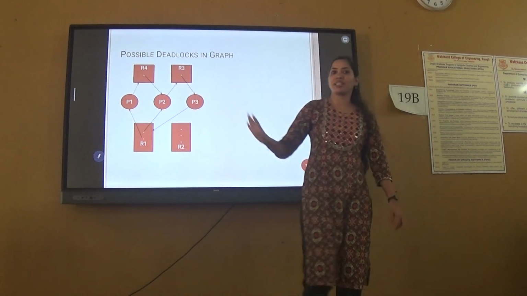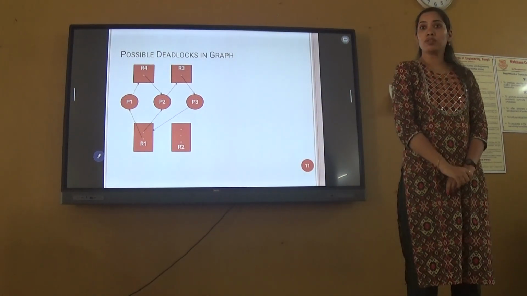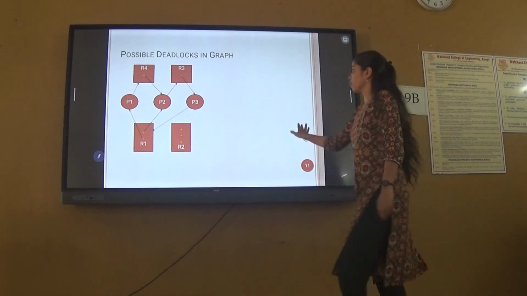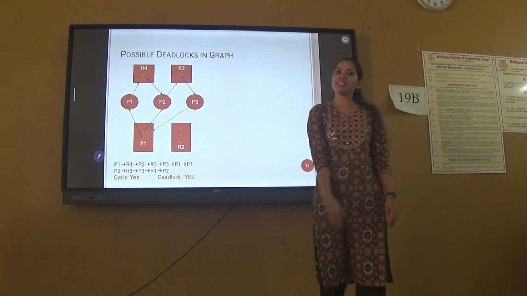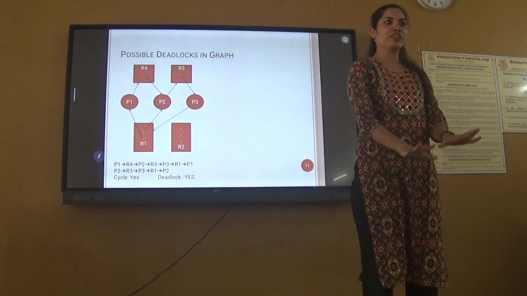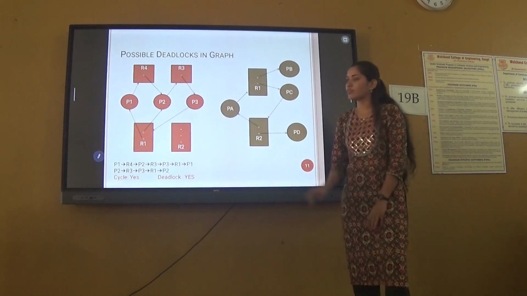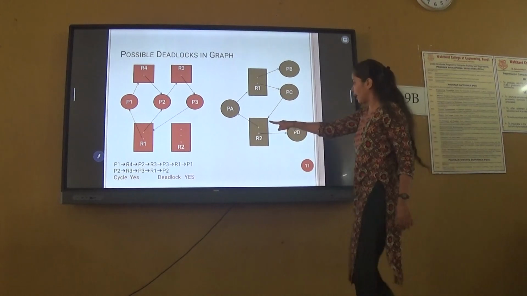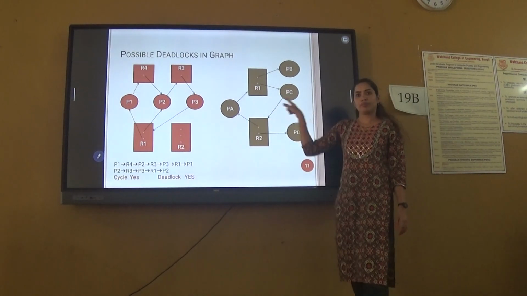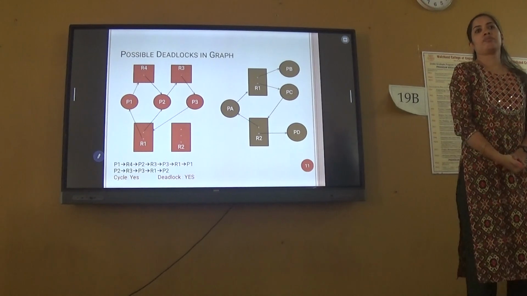Okay, now tell me, in this case, is it a deadlock? Yes or no? How? Cycles are there by which we can't release the resources, so there is a deadlock situation. Now in this one, we can see a cycle over here. Is it a deadlock? Yes or no?